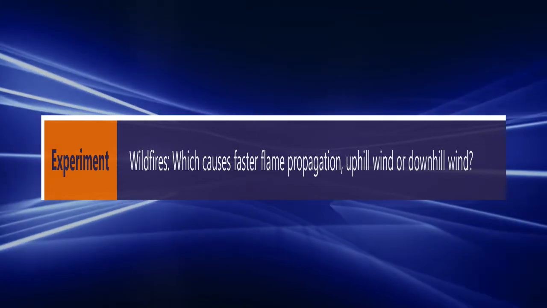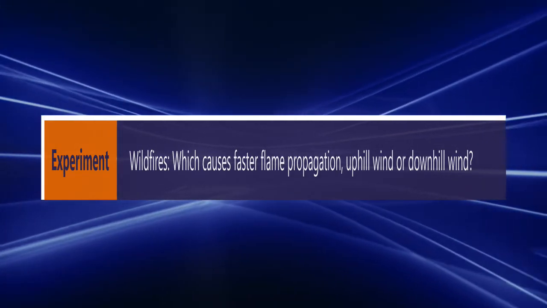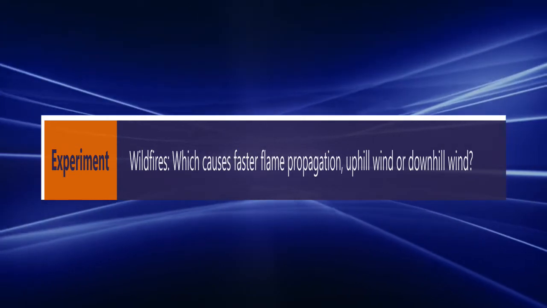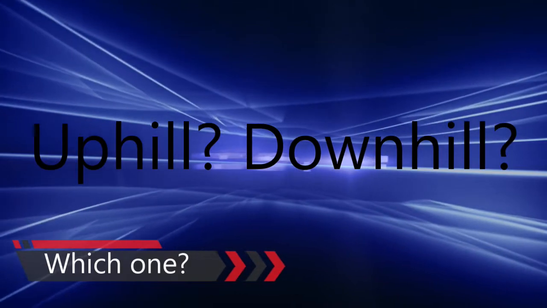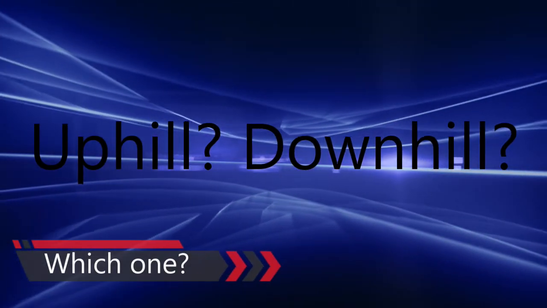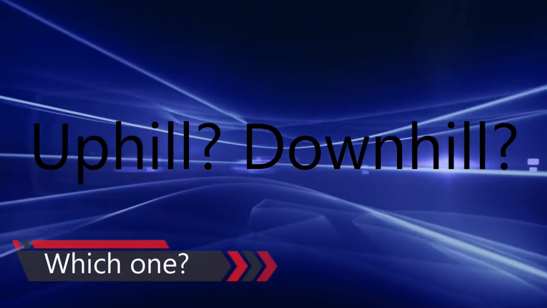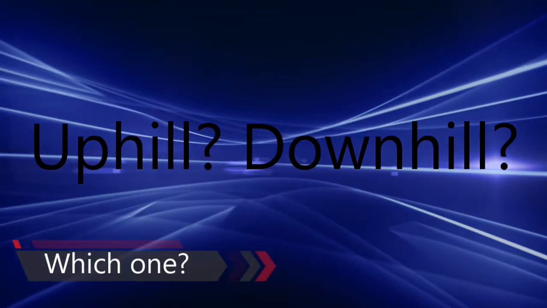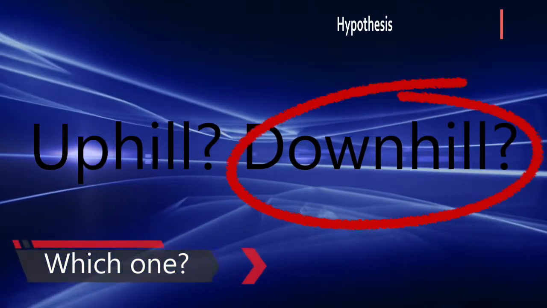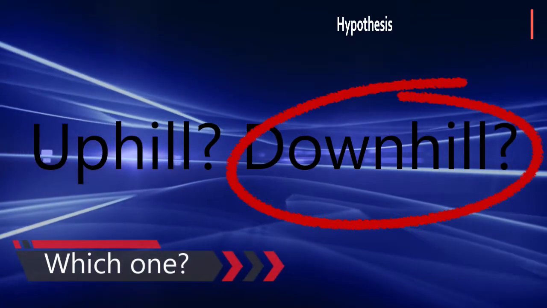The purpose of this experiment is to figure out what would cause faster flame spread during a wildfire. Will it be uphill wind or downhill wind? The hypothesis for this experiment is that downhill wind makes it faster to burn the trees during wildfires.